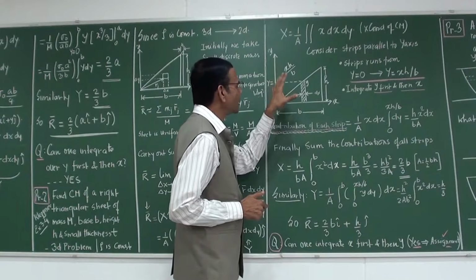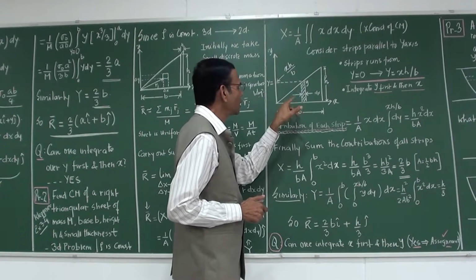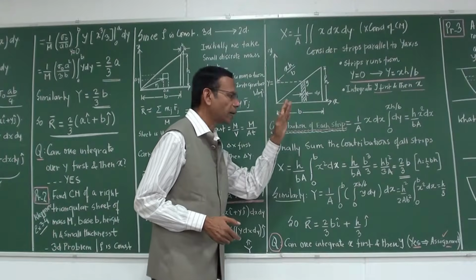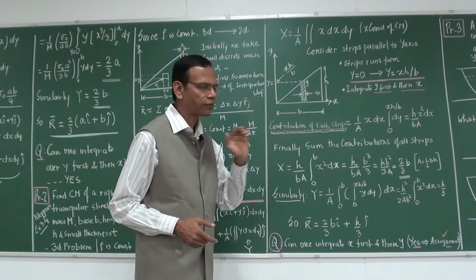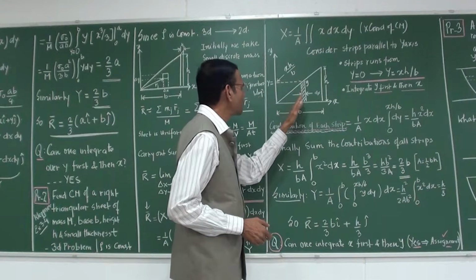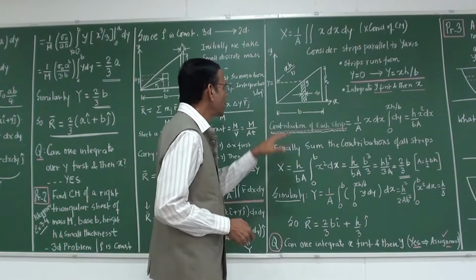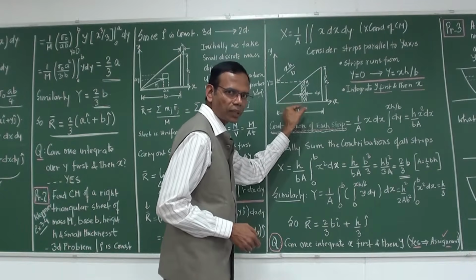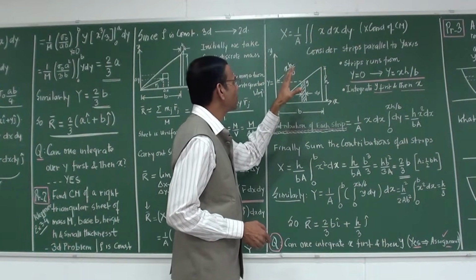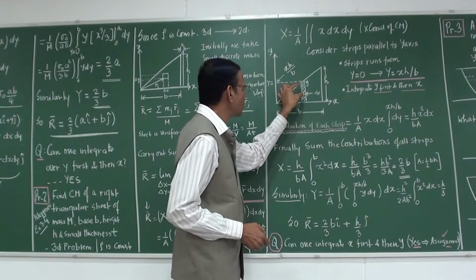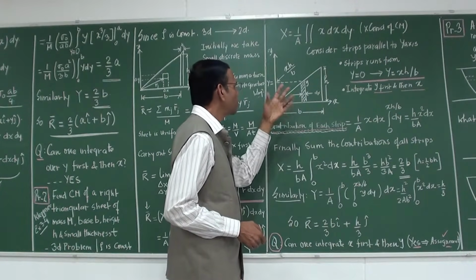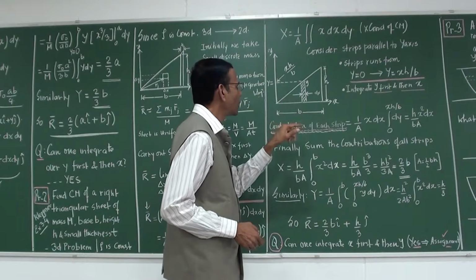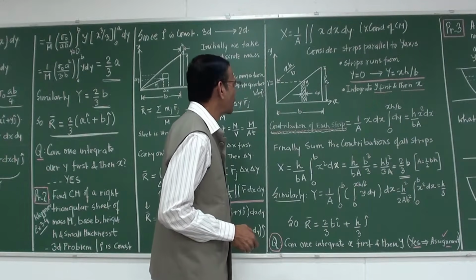Now, when we integrate, we can integrate x first or y first, both you can do. But let us integrate y first. If I integrate y, then this is the strip I have to see. This strip, when dx dy is there and I am multiplying with x. Here we will integrate y first and then x.